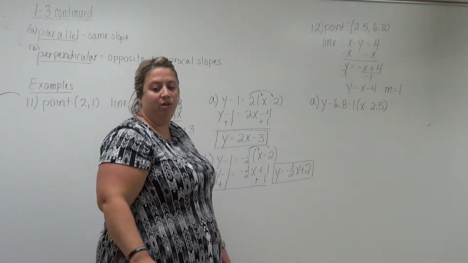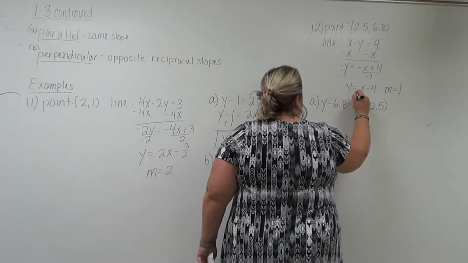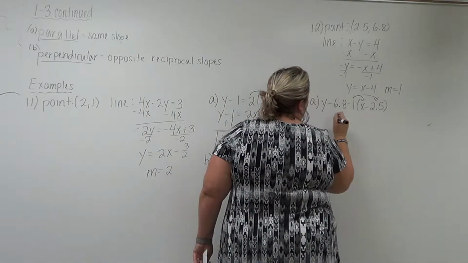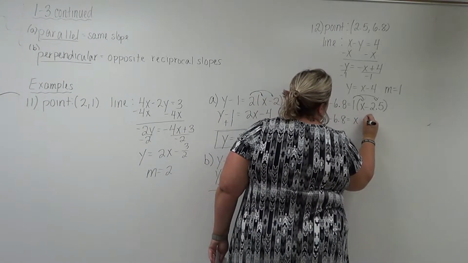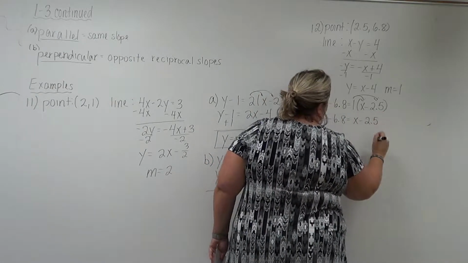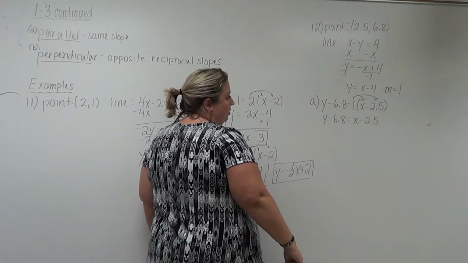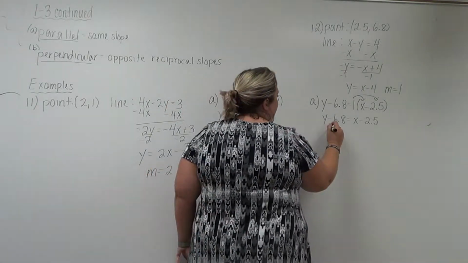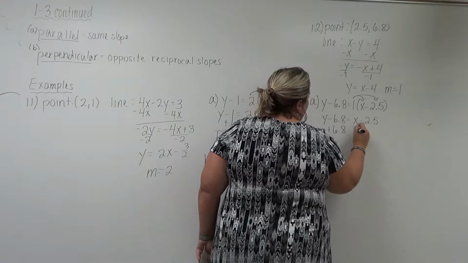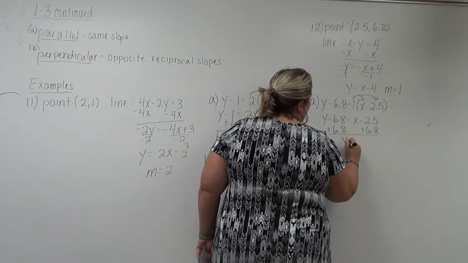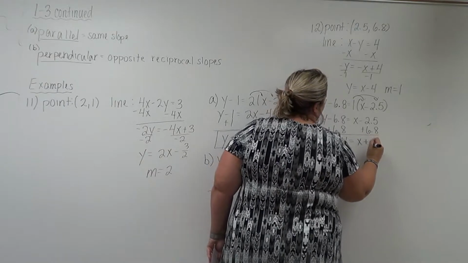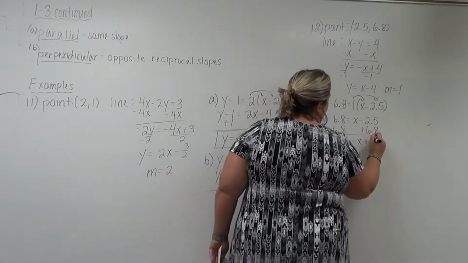Then we would distribute the 1. So y minus 6.8 equals x minus 2.5. And then I would add 6.8. So I have y equals x plus 4.3.